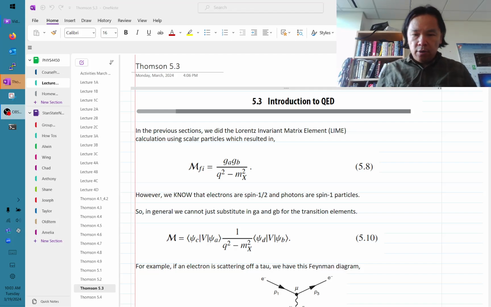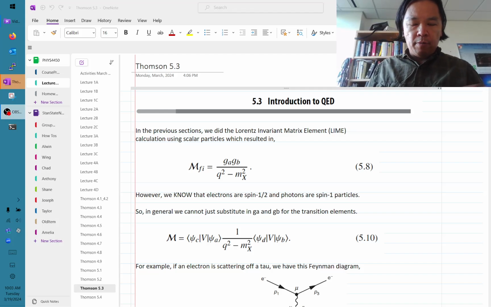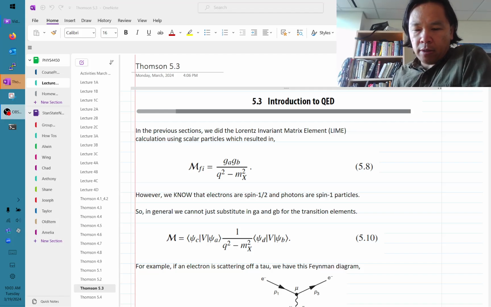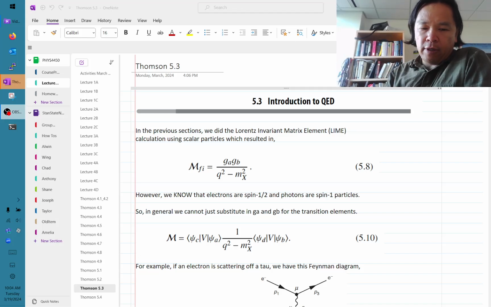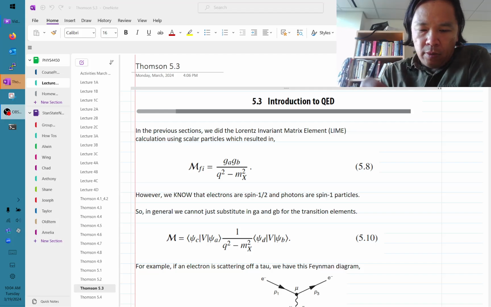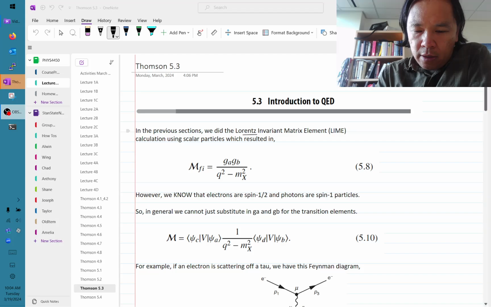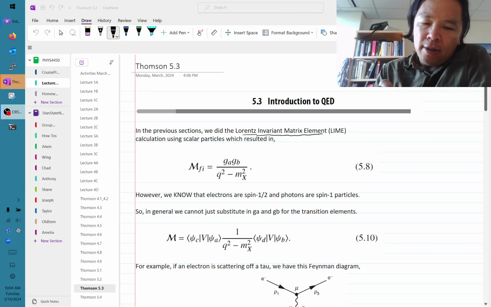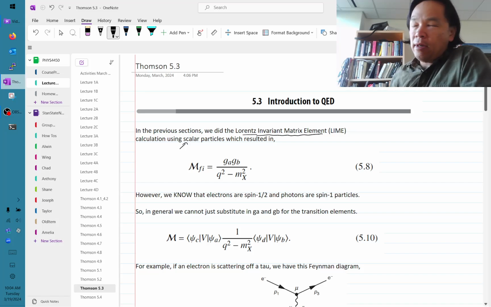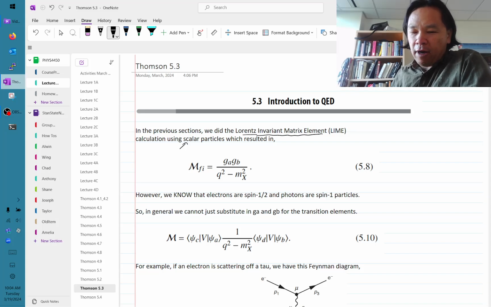Okay, everyone. So finally we get to Thomson 5.3, which is the introduction to quantum electrodynamics. In the previous sections in chapter 5, we learned that we can calculate these Lorentz invariant matrix elements. But we simplified it by making these scalar particles.